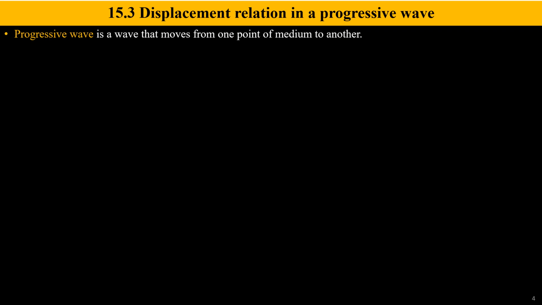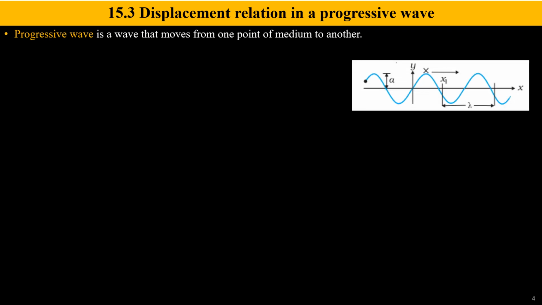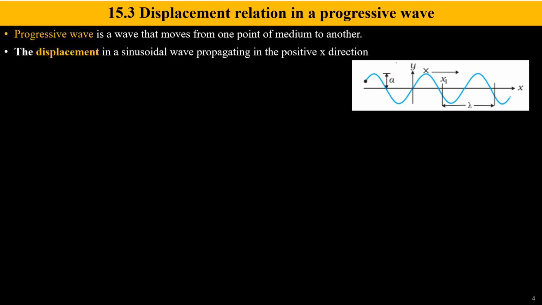If we wish to describe a sinusoidal wave, we have to plot the graph as shown on the screen. Here x is the direction of motion and y is plotted on the y axis, with amplitude A. Hence, the displacement in a sinusoidal wave propagating in the positive x direction is given by the relation y(x,t) = a sin(kx − ωt + φ).